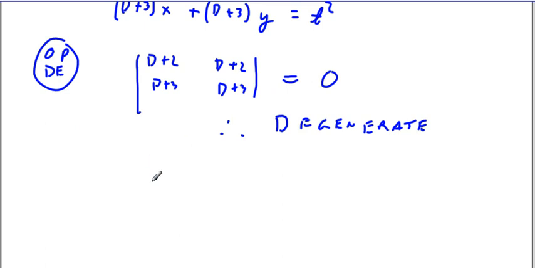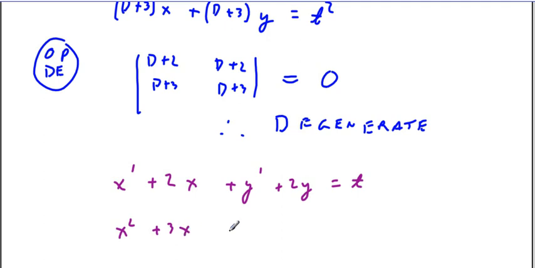So if I have x prime minus 2x plus y prime plus 2y equal to t, and I have x prime plus 3x plus y prime plus 3y equal to t squared. Okay, so that's what I've got.